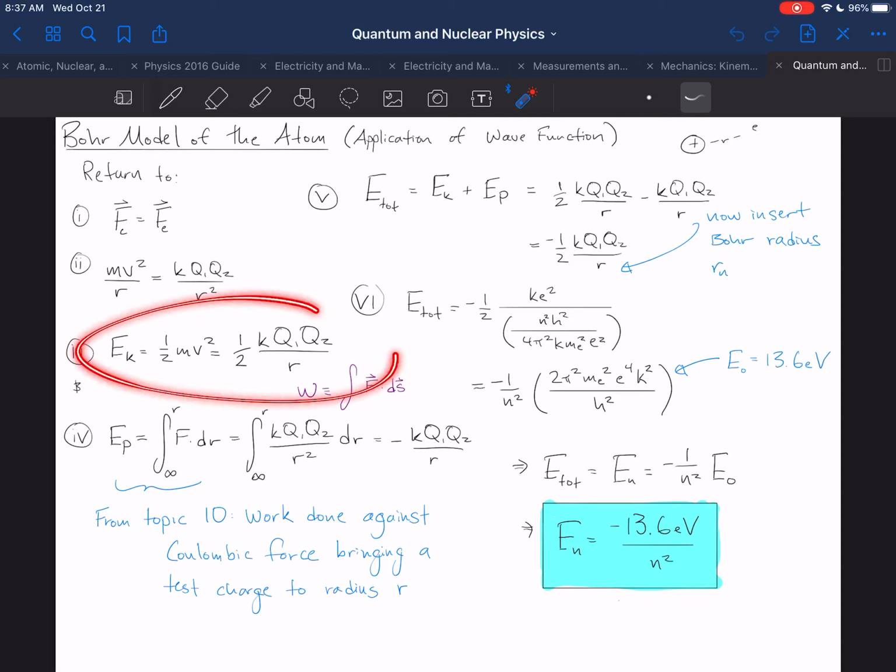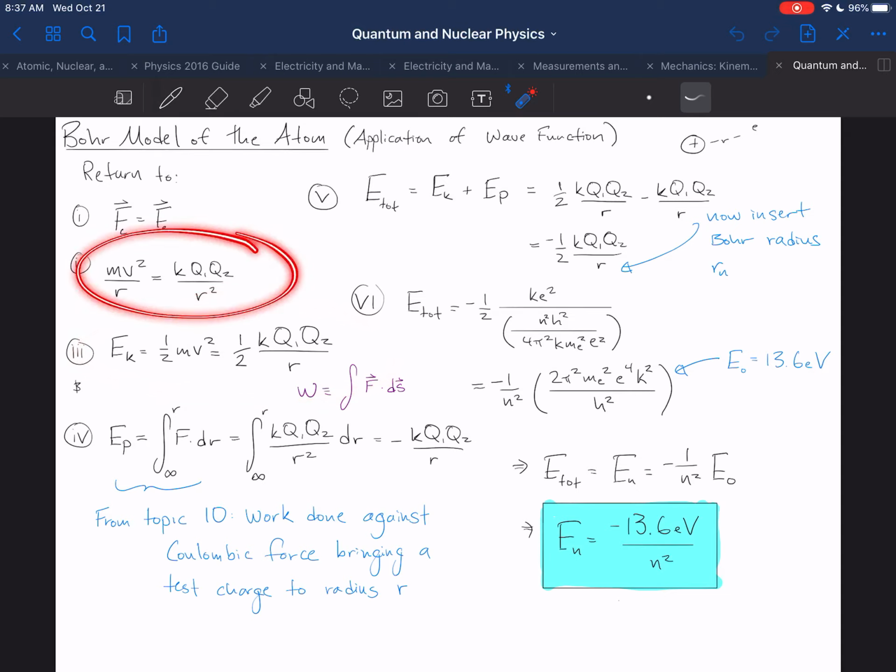The first is to see that from this relationship, we can get a pretty straightforward expression for the kinetic energy. So if you take this relationship and you multiply by r over 2 on both sides of the equation, you will get 1/2 mv squared on the left-hand side. And on the right-hand side, you've multiplied by r over 2, you get this expression, 1/2 k q1 q2 over r.